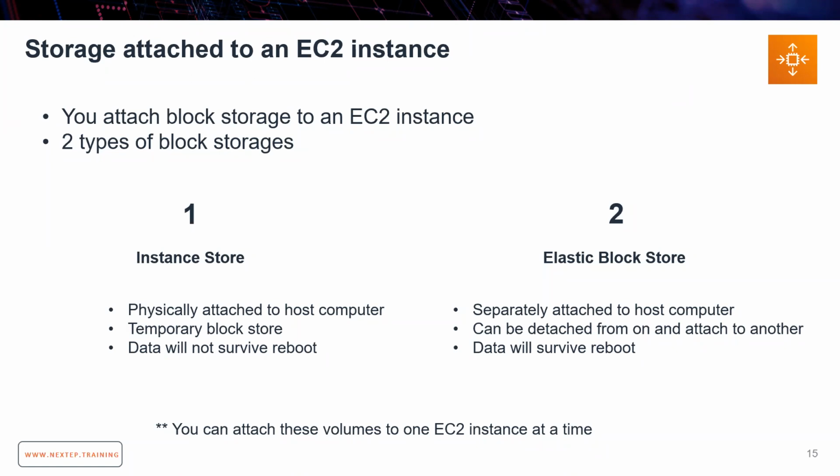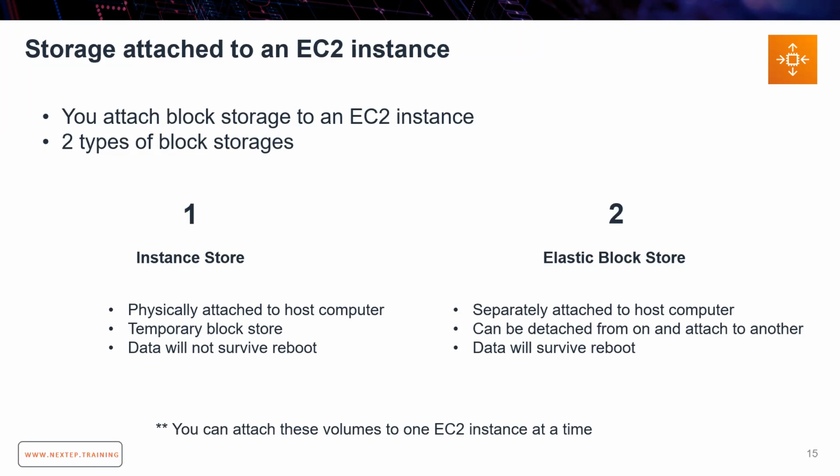Let's say you have one physical server that has 10 virtual servers, right? In the case of instance store, that's directly attached to the physical host computer, but EBS is not. It's separately attached, and multiple host computers can share it.